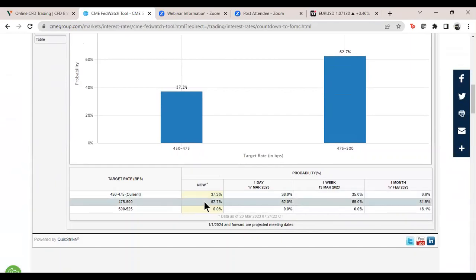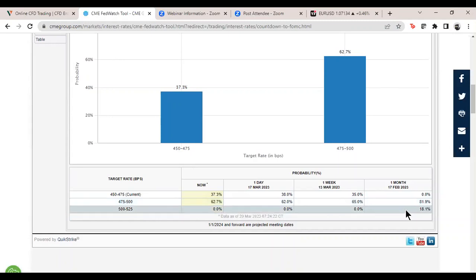Just to compare where we were, last month there was an 82% chance of a 25 basis point hike, but an 18% chance of a 50 basis point hike. And that was much higher before last month as well.